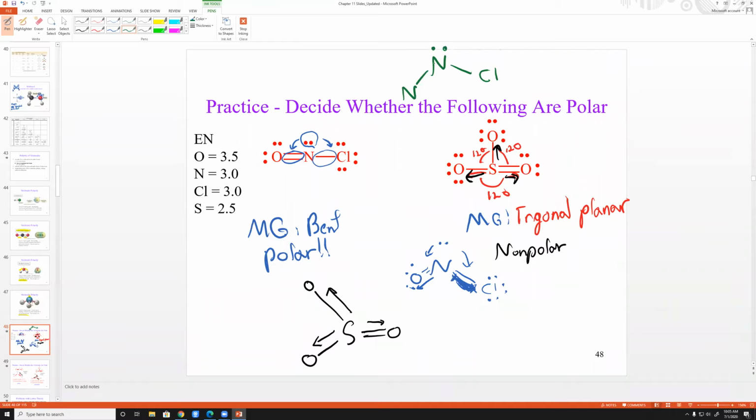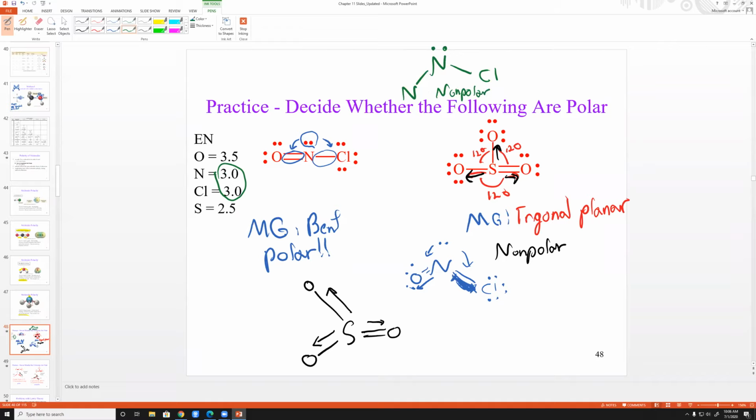You have two nitrogens and a nitrogen-chlorine. Now, even though it is bent, and that asymmetry tells you it's probably polar, you have to look at the bonds. The nitrogen-nitrogen bond is nonpolar because they're the same element. The nitrogen-chlorine bond is still nonpolar because look at the electronegativity numbers. They're the same. So this molecule would be nonpolar, even though it's bent.